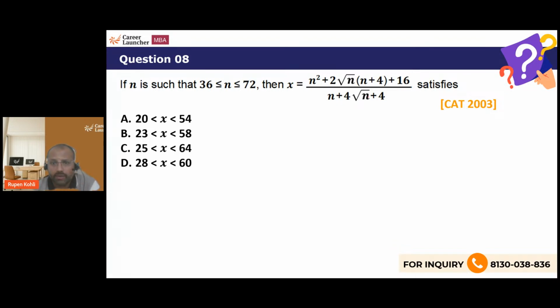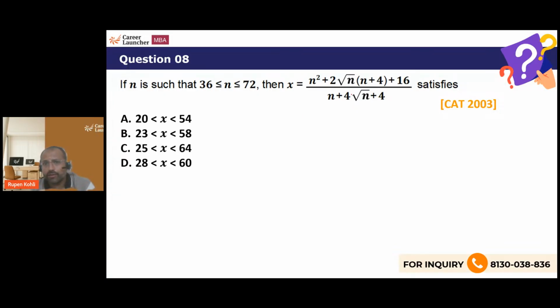Now look at the denominator first. Okay, now one point which I want to bring over here is, whenever you see three terms in addition, always think, can you do the completion of squares on that? All right, you see a square root of n, you see n.